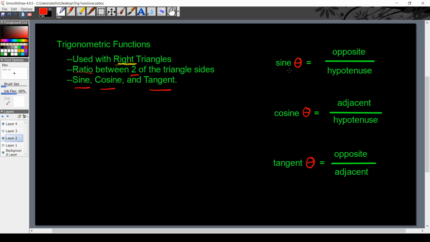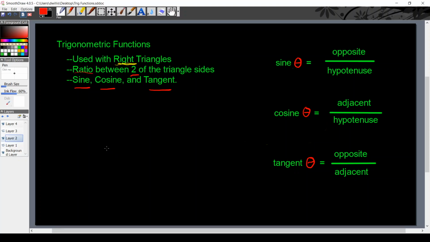And it turns out that the sine of theta is always equal to the ratio of the opposite side divided by the hypotenuse. And the cosine of theta is always equal to the adjacent side divided by the hypotenuse. And the tangent of theta is always equal to the opposite side divided by the adjacent side. All right, and so those are the values for our trigonometric ratios.